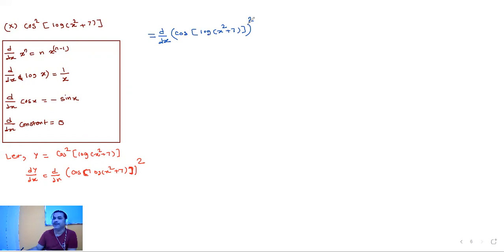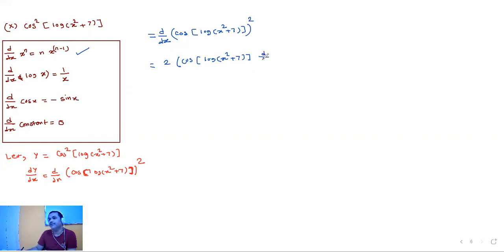And this formula is of this kind, now by finding out the derivative, that will become 2 times cos of log of x square plus 7. With this aspect, x raised to n, we have completed.